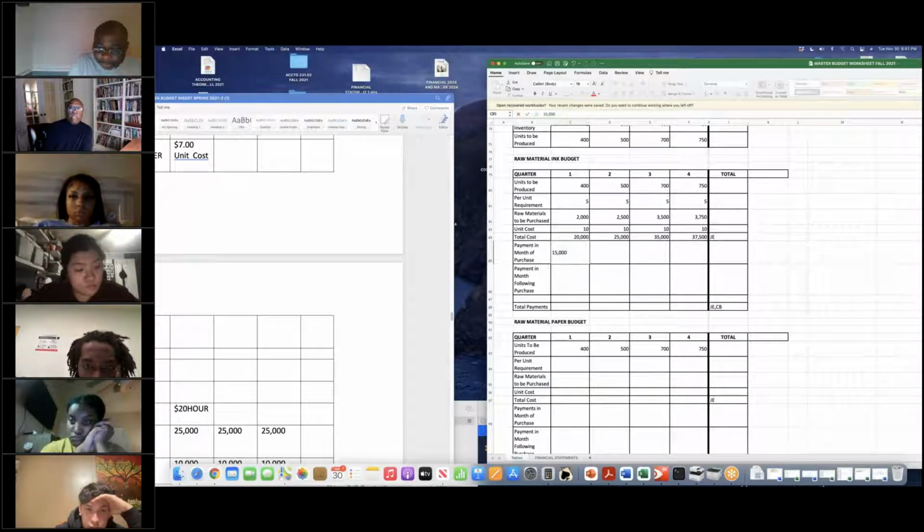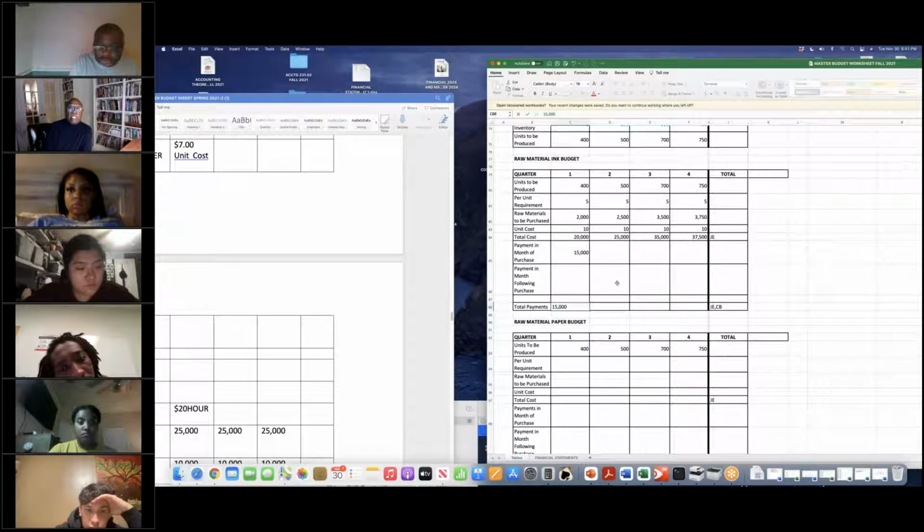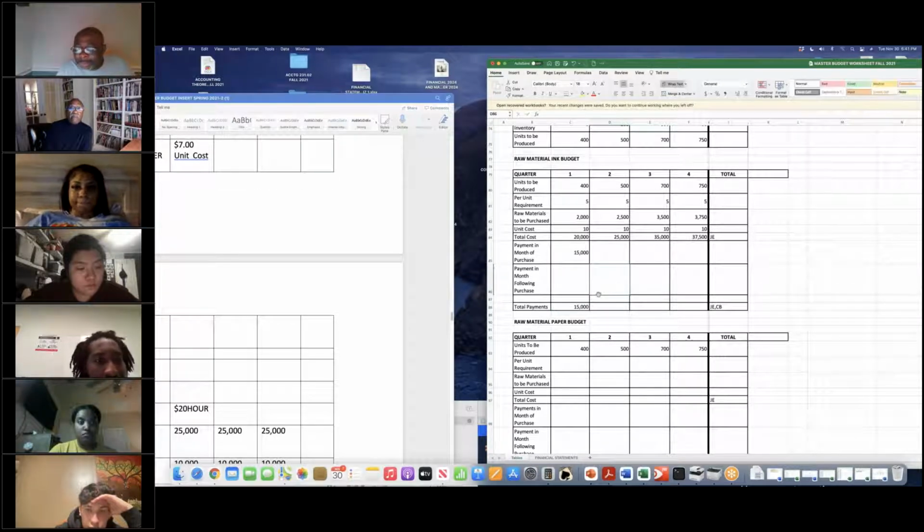So in the first quarter, even though we bought 20,000, we're only paying 15,000. But we know that next quarter we're going to have to pay that 5,000.